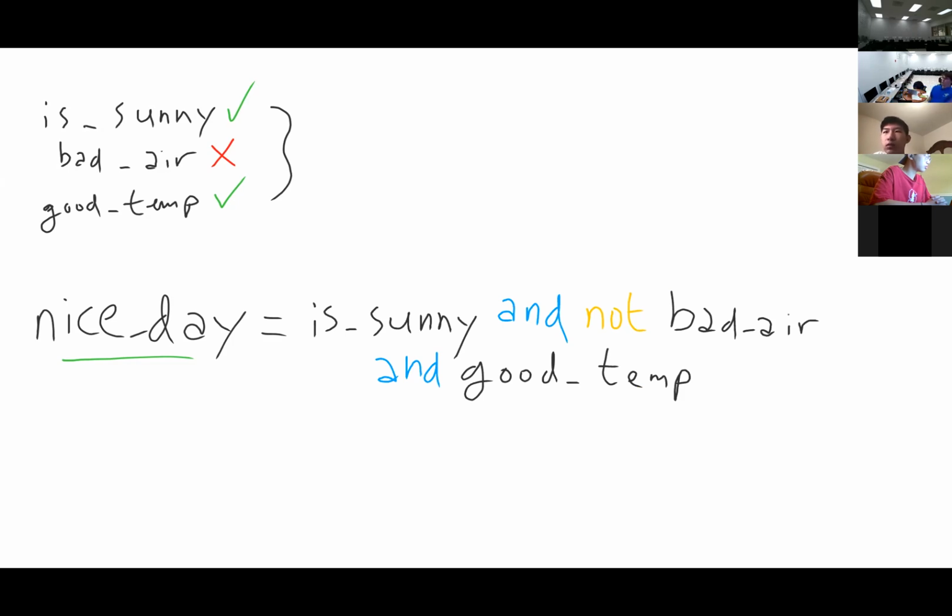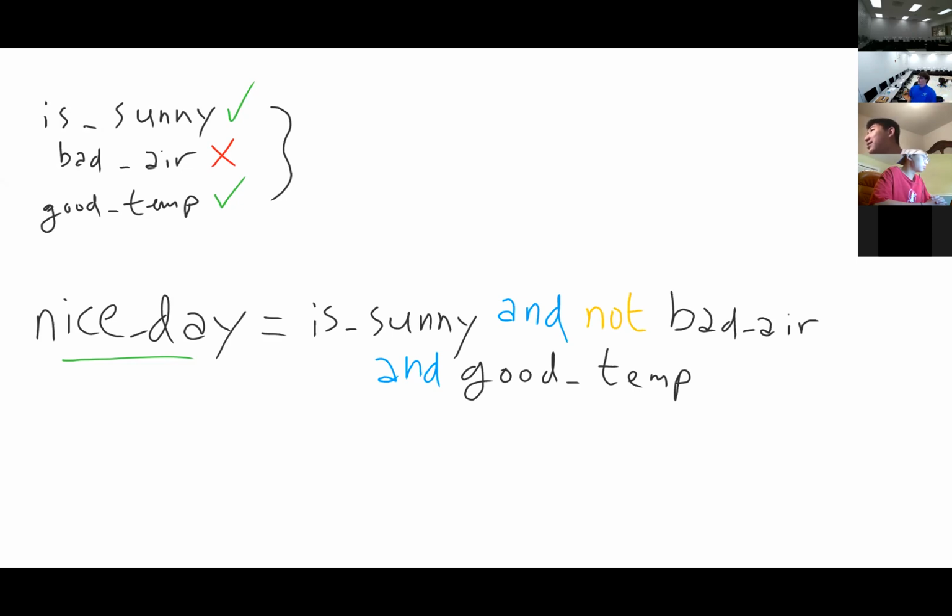So when our three variables have true, false, and true respectively, our nice day will be true. If any of those three is not in the state that we've shown up here, then nice day will be false and it will not be a nice day.